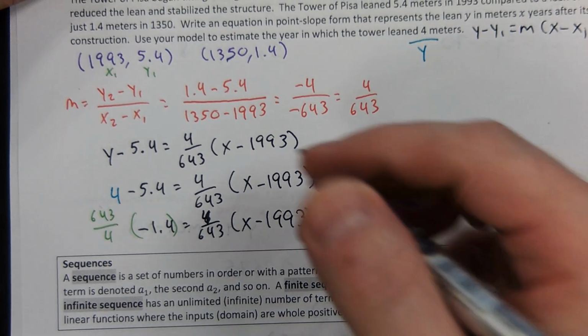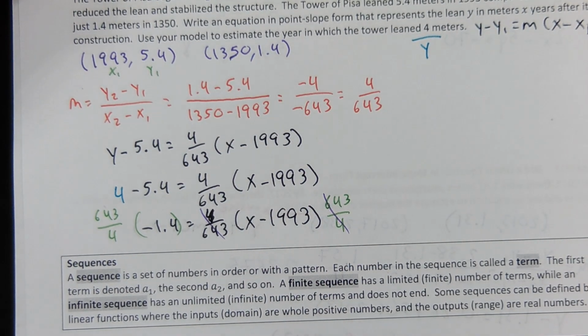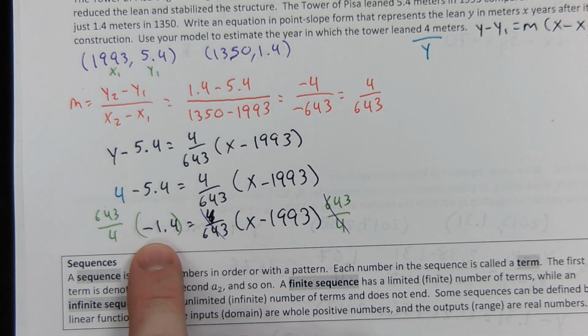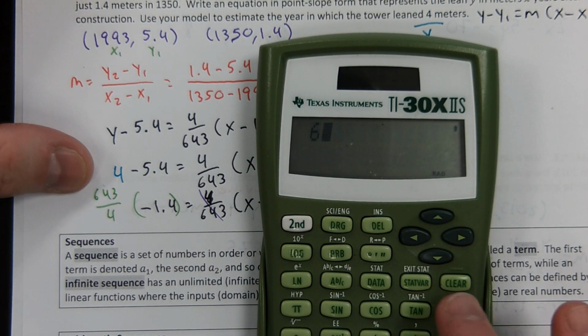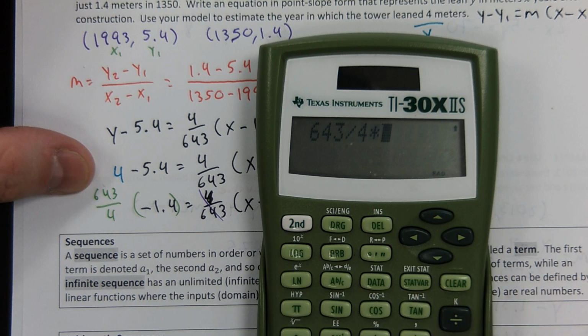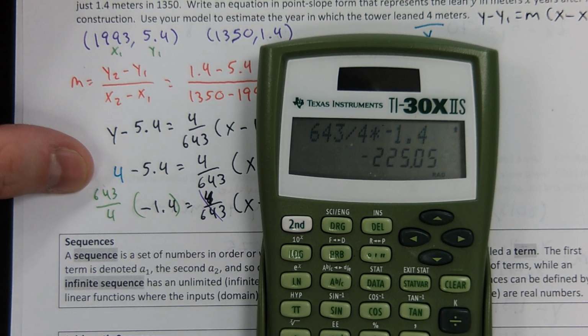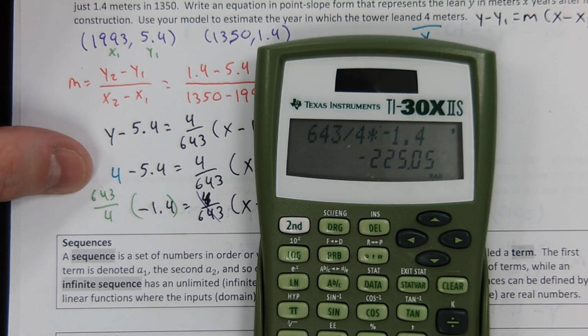If you multiply both sides by the reciprocal, those fractions will cancel over there. And this number is actually not that bad. 643 divided by 4 times negative 1.4. Not that bad. Negative 225.05.